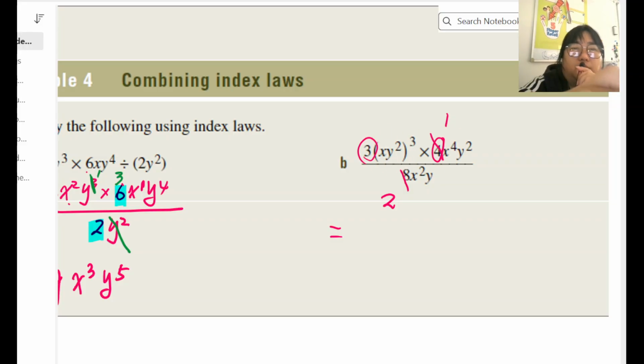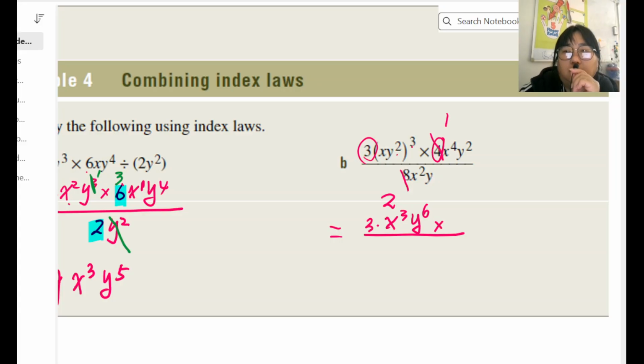After I break the bracket, I got 3 times x cubed, and also y to the power 2 times 3, so that's 6. And then this 4 is already gone, it goes to 1 now, and then times x to the power 4 y squared. And the bottom goes to 2 now, x squared and y.